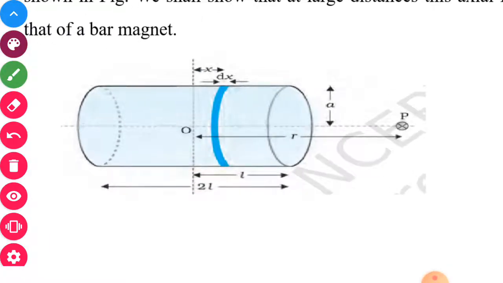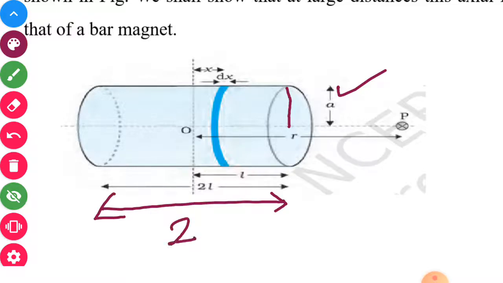Here you can see from the figure. Now from the figure you must understand what things are given. The radius of this solenoid is A. The length of the solenoid is 2L.